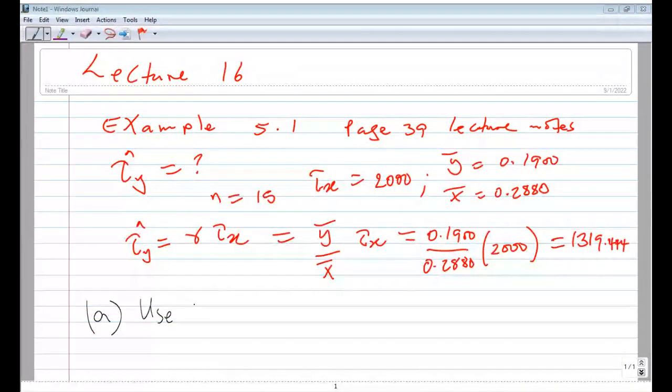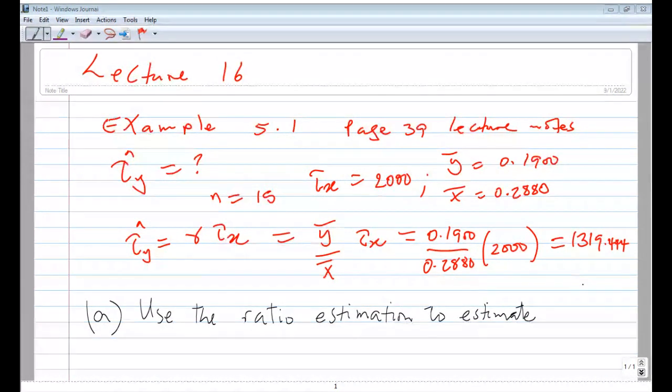The question is: use the ratio estimation method to estimate the total weight of apple juice.